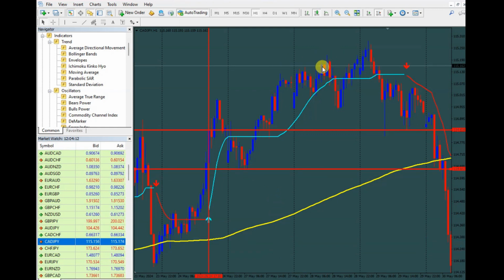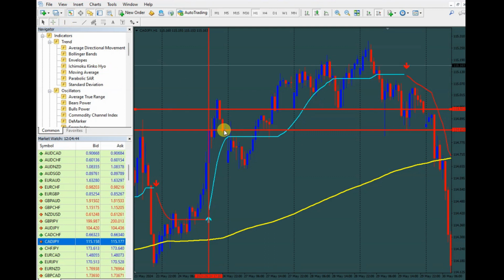When the market gets to this point, we move our stop loss again to this swing low. Now the market gets to this point, we have another swing low here. So when the market reverses, it hits our stop loss here.